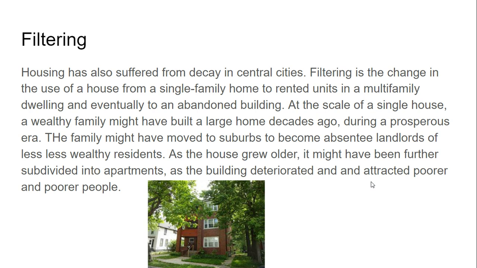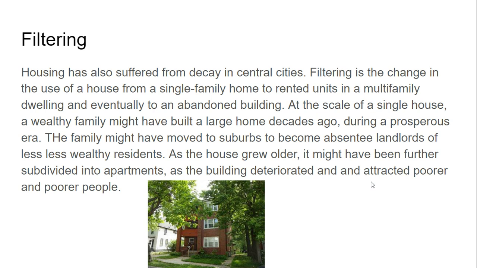During the prosperous era, the family would have lived there. Then they moved to the suburbs, particularly during white flight, and became absentee landlords for less wealthy residents. As the house grew older, it might have been further subdivided. Maybe it started as 2 apartments and got subdivided into 4, and the building deteriorates and attracts poorer and poorer buyers.